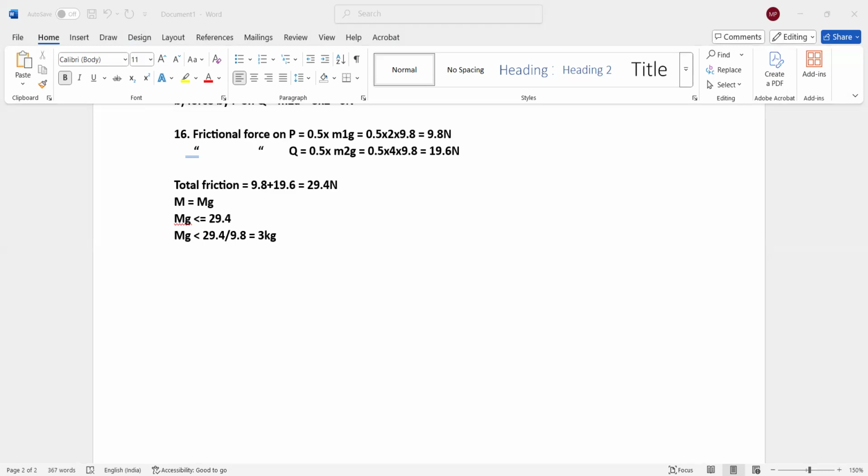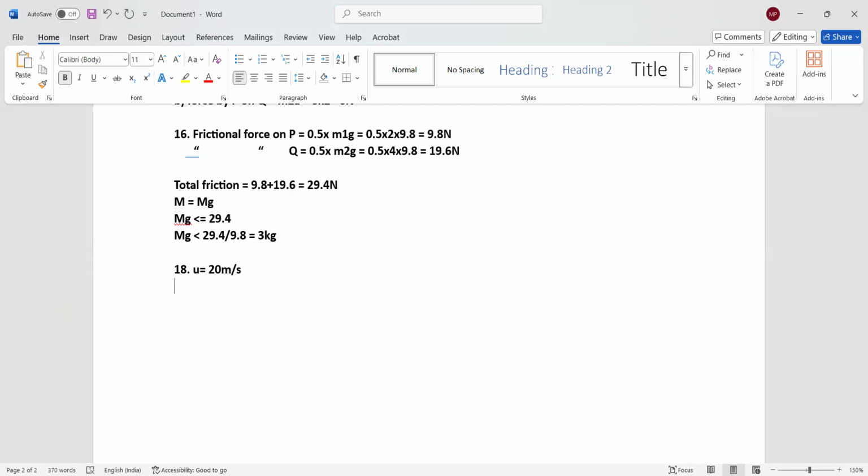Now the last question is, a 2 kg block is pushed up an inclined plane of inclination 37 degree, imparting it a speed of 20 meter per second. How much distance will the block travel before coming to rest? Coefficient of kinetic friction between the block and the inclined plane is 0.5. So the distance traveled before coming to rest on an incline, initial velocity is equal to 20 meter per second.